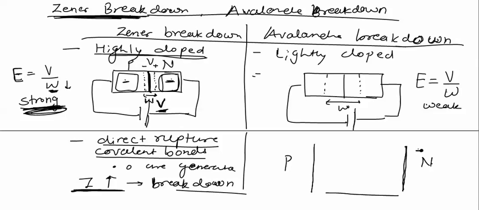If some electron travels into the depletion layer, there may be a possibility that this electron collides with an atom.